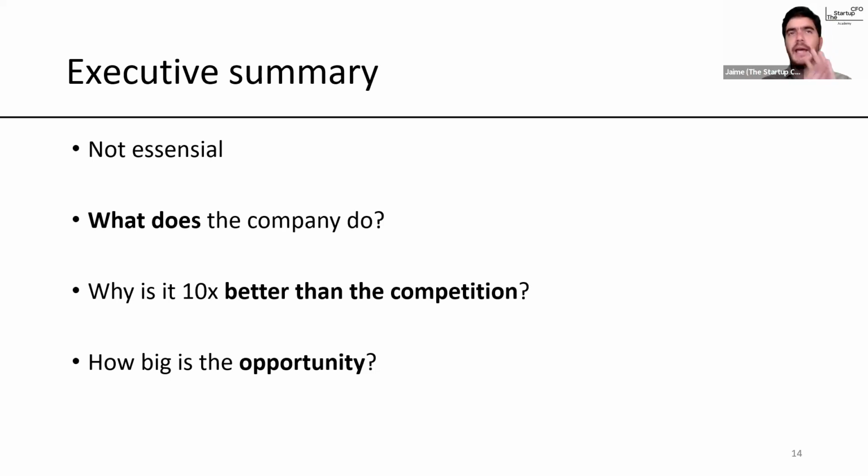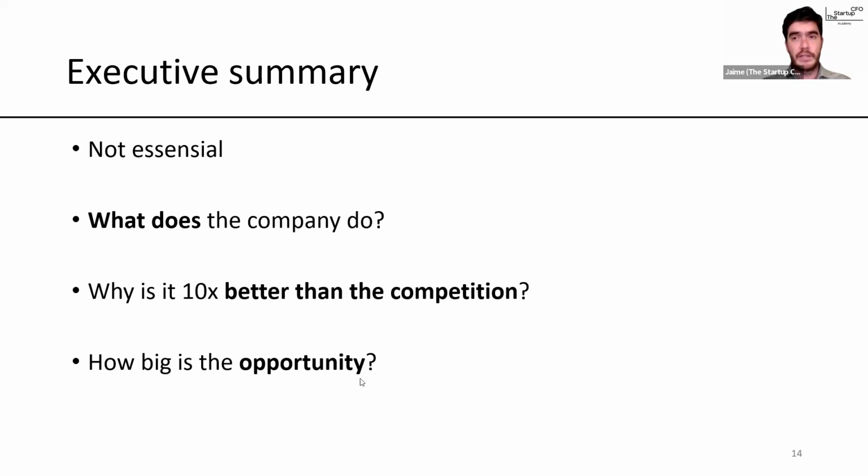That's fine as well. Again, it's not an essential slide, but if you're going to use it, in my opinion, use it to make a very strong message. It is very clear what you do, that it was needed in the market, that it's way better than any other alternative, and that you're talking about a very big market.